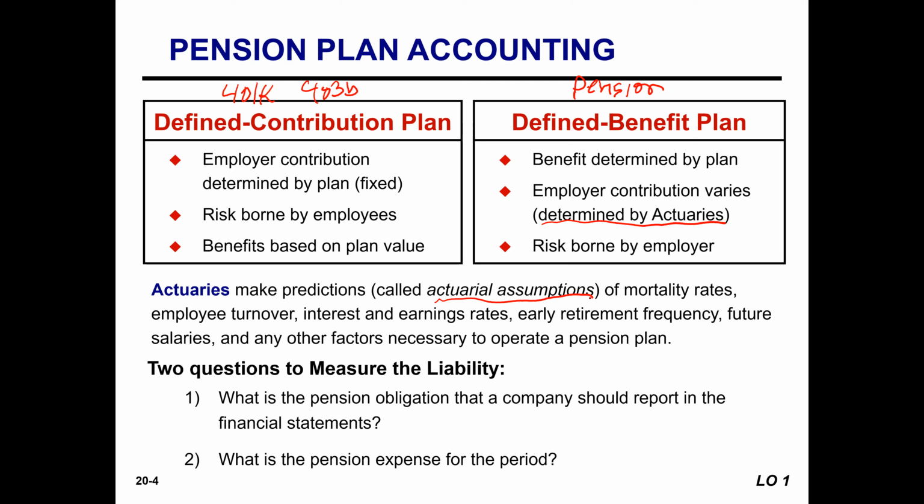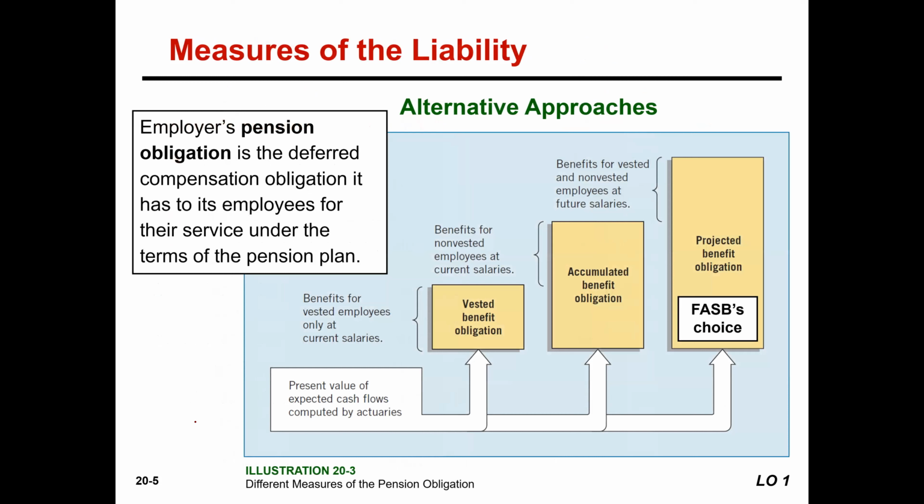So two questions that we have to ask to measure the liability: What is the pension plan obligation that the company should report in the financial statements? And what is the pension plan expense for the period? So again, we're going to be looking at examples of both of these and get some practice with these, of course, in class together.